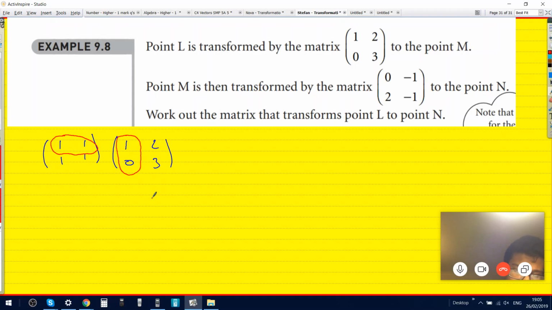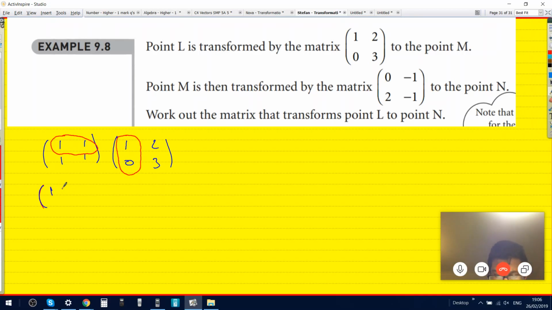So 1, 1, 1, 1. And then 1, 2, 0, 3. So you have this set and then that. So that's 1, 1 in one bracket, and then 1, 0. Then you leave a space, 1, 1, and 2, 3. Then you have 1, 1. You have 1, 0.